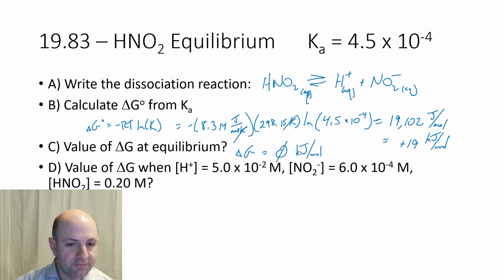All right, but now what is the value of delta G when we have these conditions? So we're not at equilibrium. They just gave us some numbers.